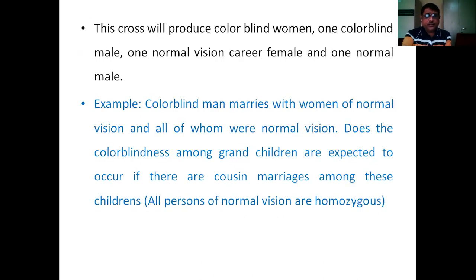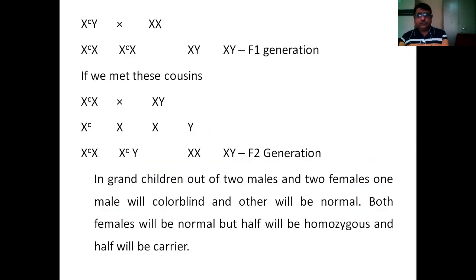The woman is normal, so she will carry XX. So in the F1 generation, we will get females with the genotype XCX. All will be normal but carriers, and the males will be absolutely normal, having the genotype XY.